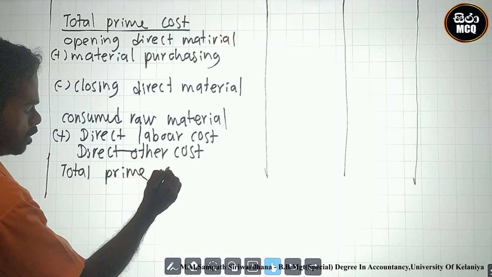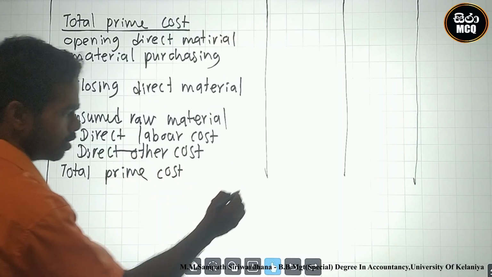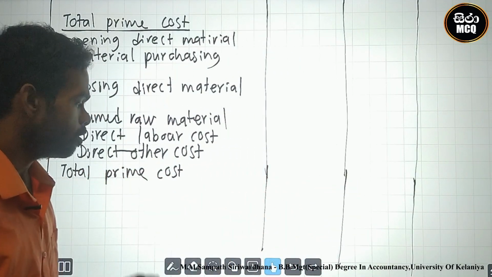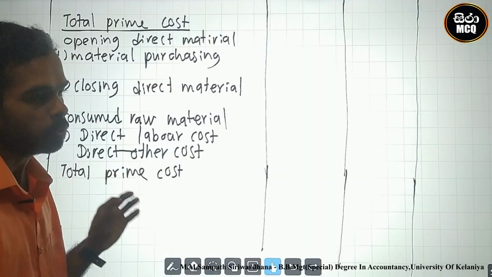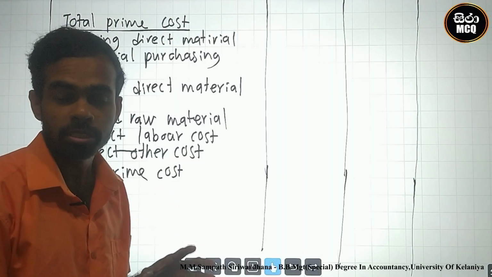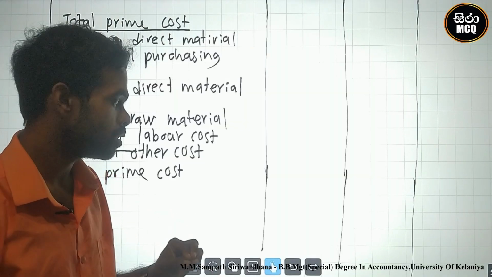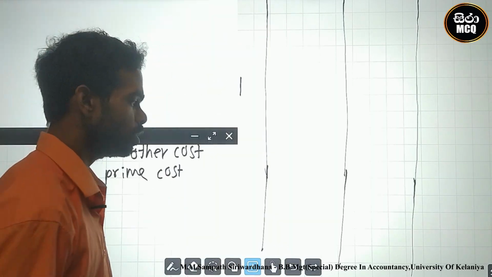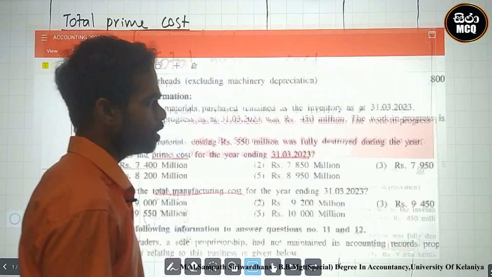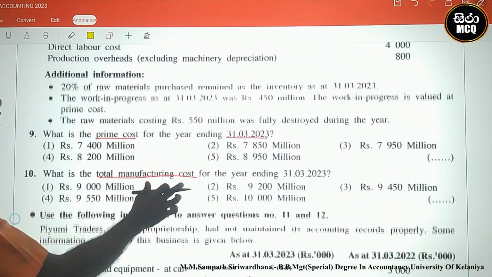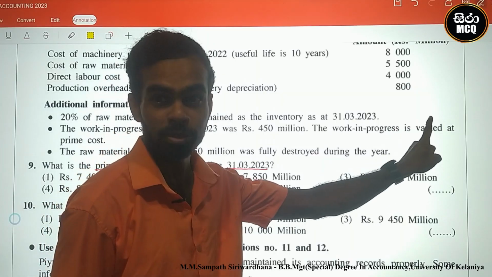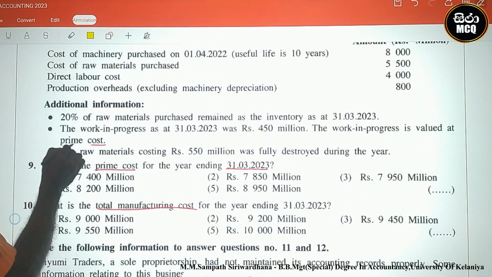Look here, with this total prime cost there is another addition. Why? There is a work in progress adjustment. The work in progress adjustment was done in prime cost. Why? This question said work in progress is valued at prime cost.